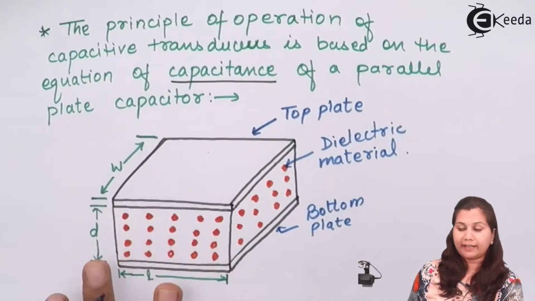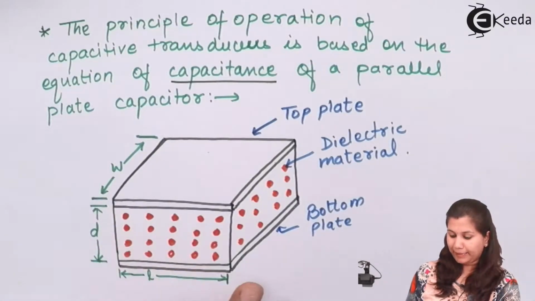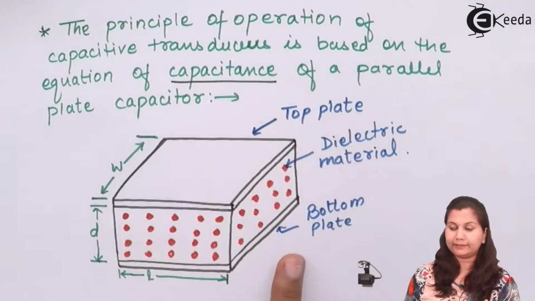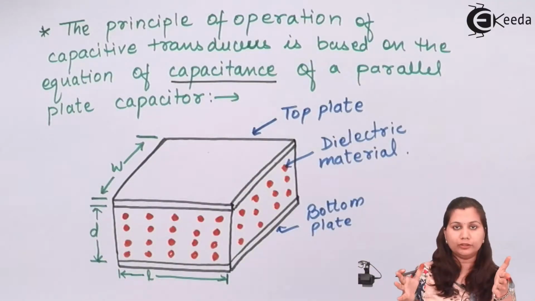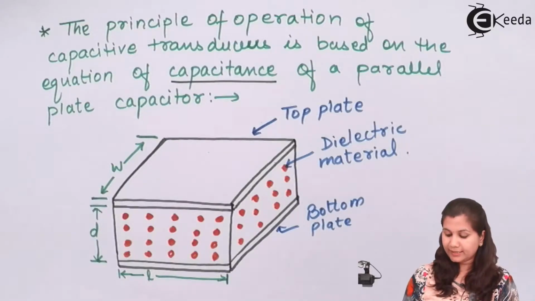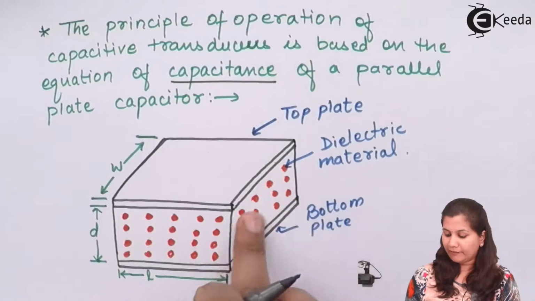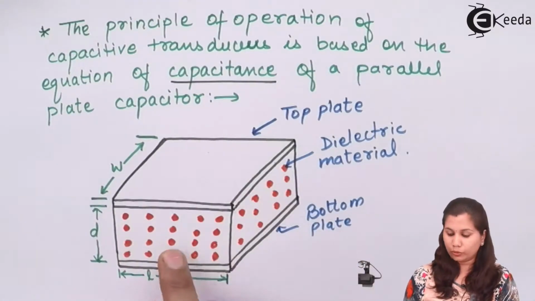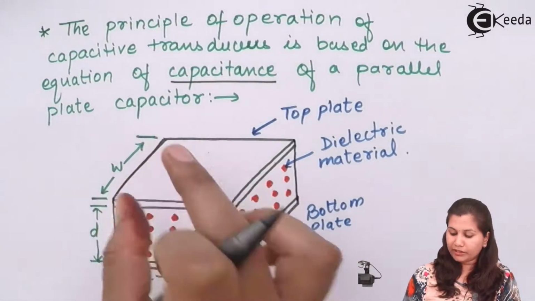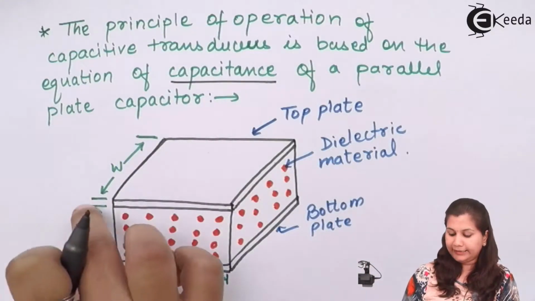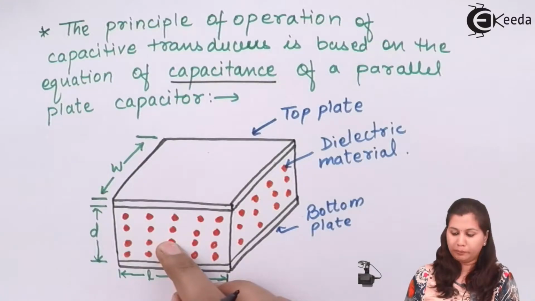So if we see the diagram for the parallel plate capacitor, parallel plate means we have two plates, a top plate and a bottom plate, which are kept parallel to each other at a distance d between them. In between these two plates we have a dielectric medium, and the width of these plates is w and the length is l, and d is the distance between the two plates.